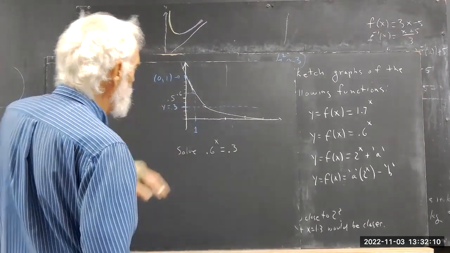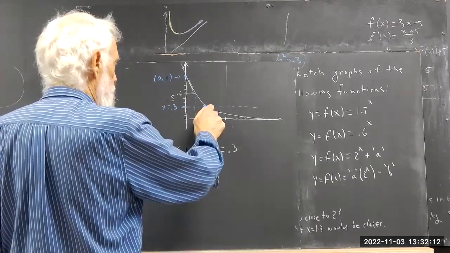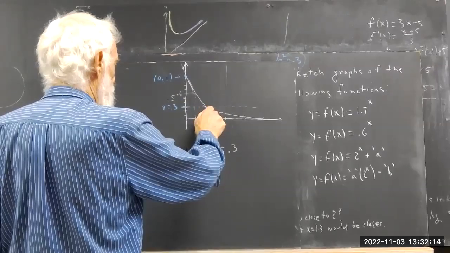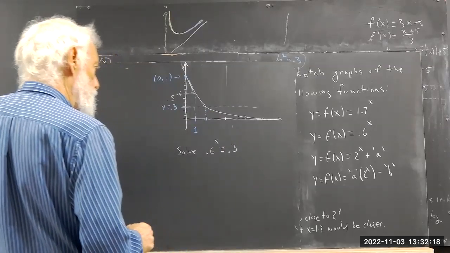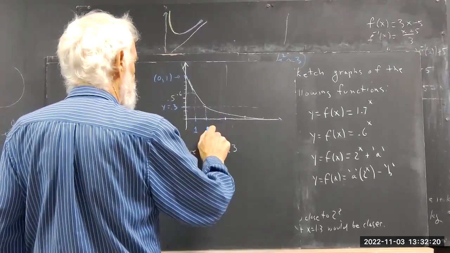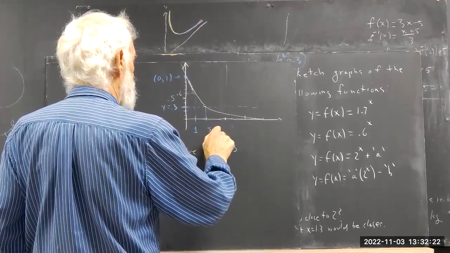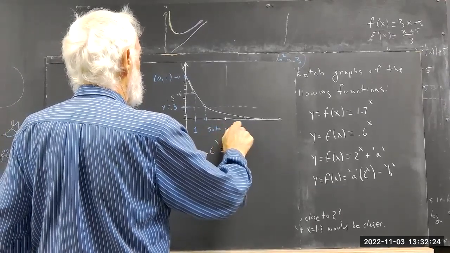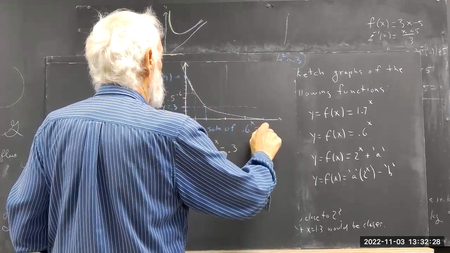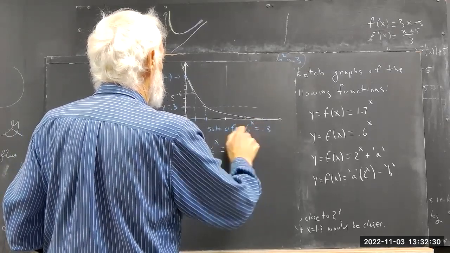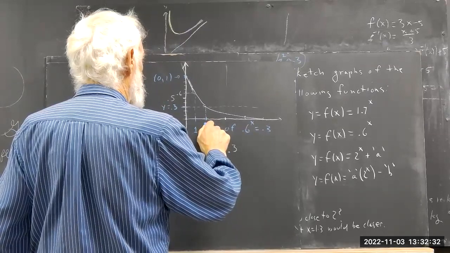It just happened to go through one of my dots, so it wasn't intentional. But now I can project down to here, and here's my solution of the equation, 0.6 to the x equals 0.3.